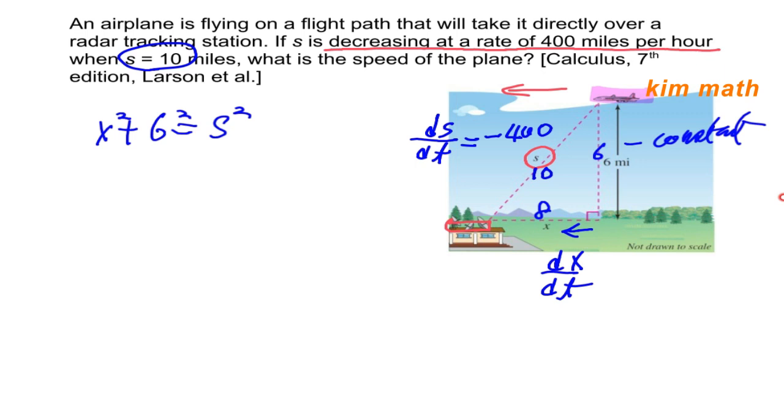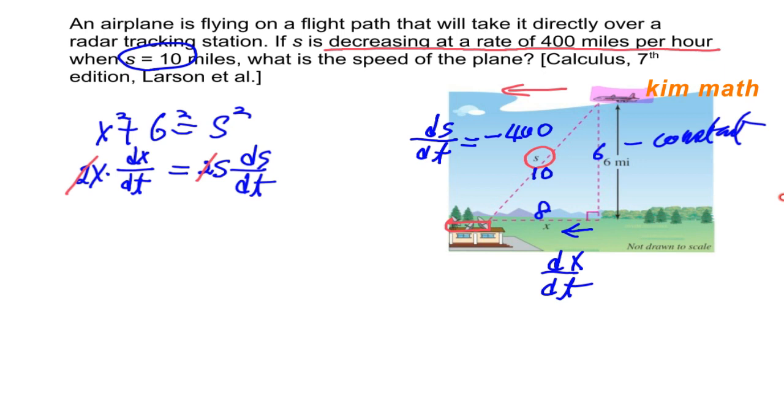Now we will find the derivative with respect to time. So here 2x dx/dt. The derivative of 36 is 0, so don't worry about the constant part. Here 2s ds/dt, right? You can plug in the numbers, we already know them, but always simplify first.